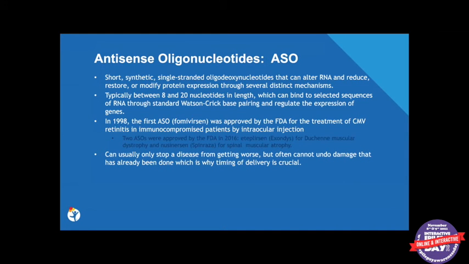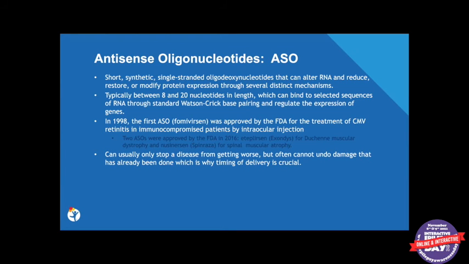So antisense oligonucleotides, or ASOs, are very short, artificially created, synthetic, single-stranded oligodeoxynucleotides that can come in and alter our RNA and change protein expression. Typically, they are between 8 and 20 nucleotides in length, and they bind to a specific sequence of RNA through A to T, G to C, those types of things. That's Watson-Crick base pairing. And they therefore regulate the expression of genes.